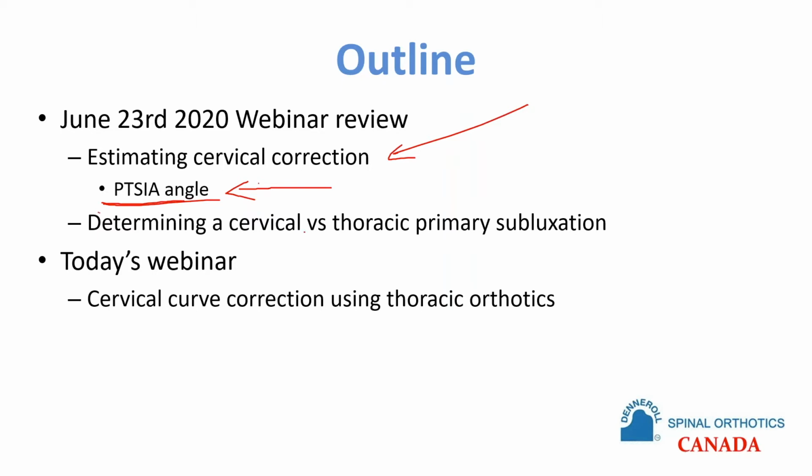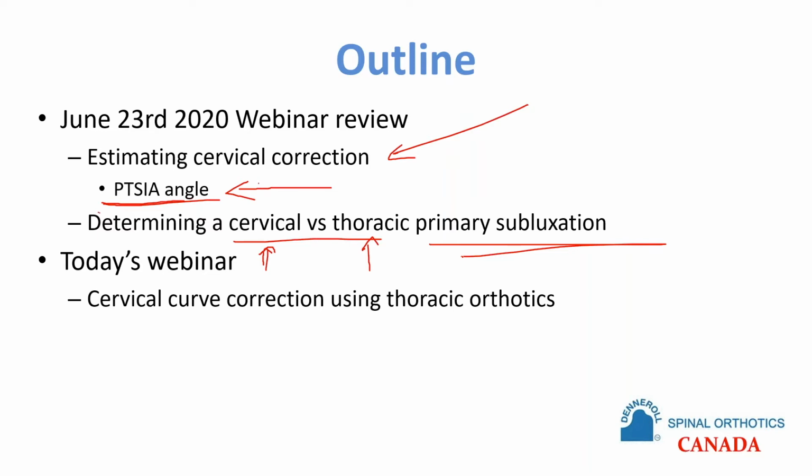understand that. Then we mentioned the difference between a cervical primary problem, so when do we use a cervical dental roll, versus when are we using a thoracic dental roll because the patient has a primary subluxation, aka a thoracic hyperkyphotic problem. On the last webinar, I showed you how to determine if it's a thoracic subluxation, but I never showed you any cases where the cervical outcome, so looking at the cervical curve improvement via using thoracic orthotics.